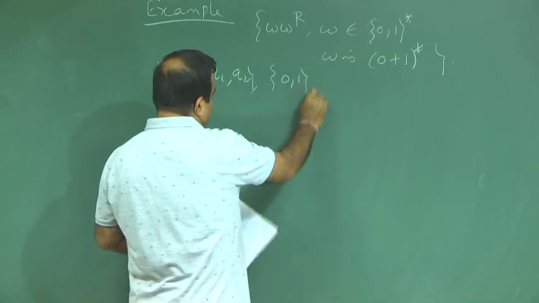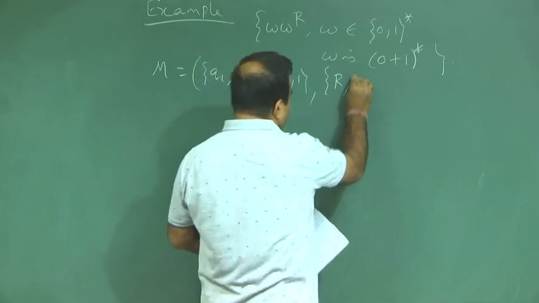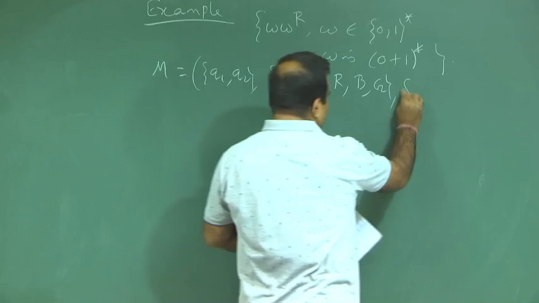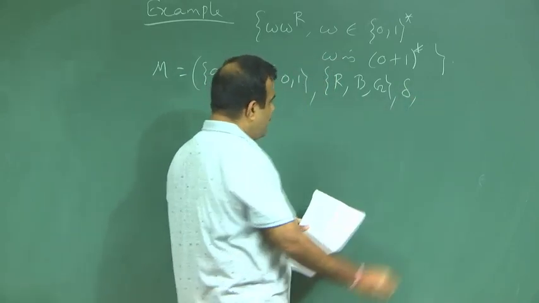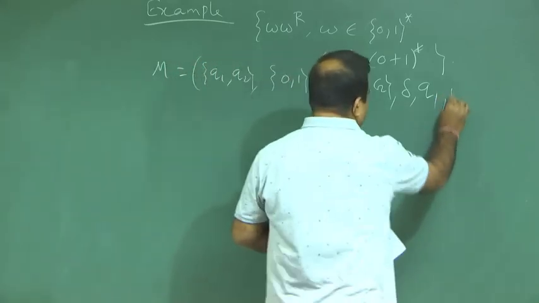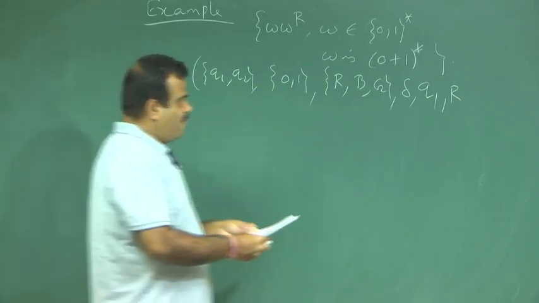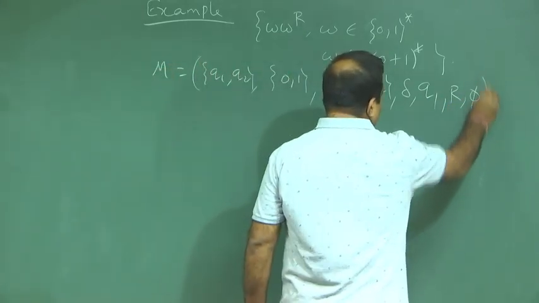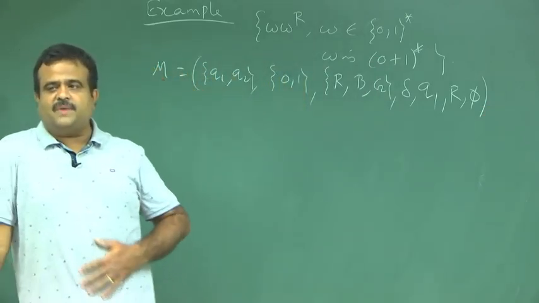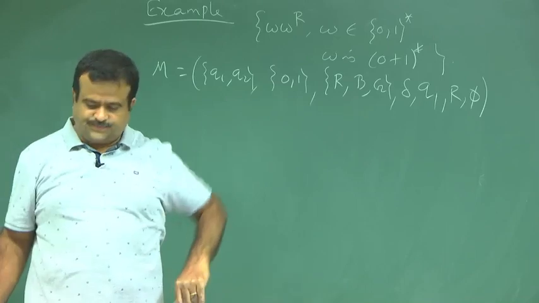This is our input alphabet, and the stack symbols are three: R, B, G. This is our transition rule, and Q1 is the starting state and R is Z0, the starting symbol in the stack. We have no final state, because we are talking about acceptance by the empty stack, so we do not care about the final state.